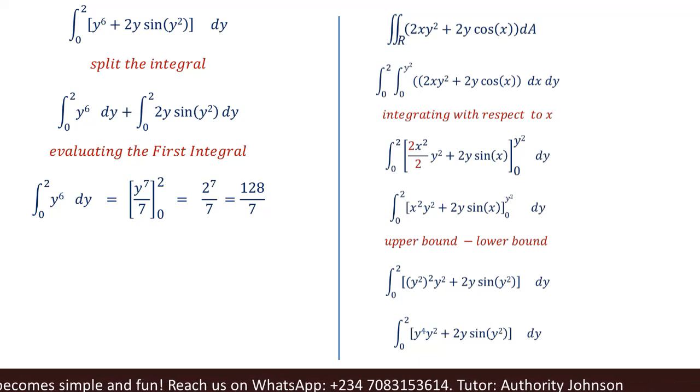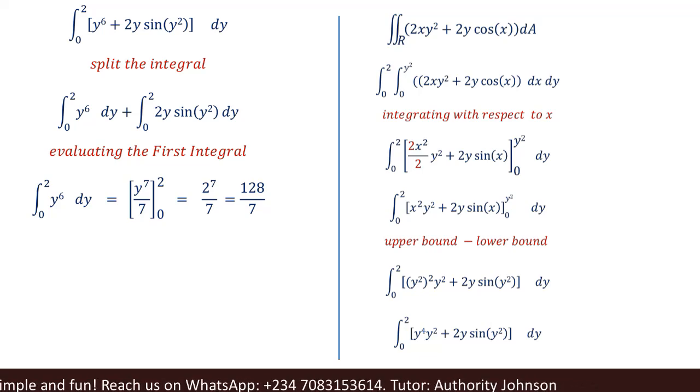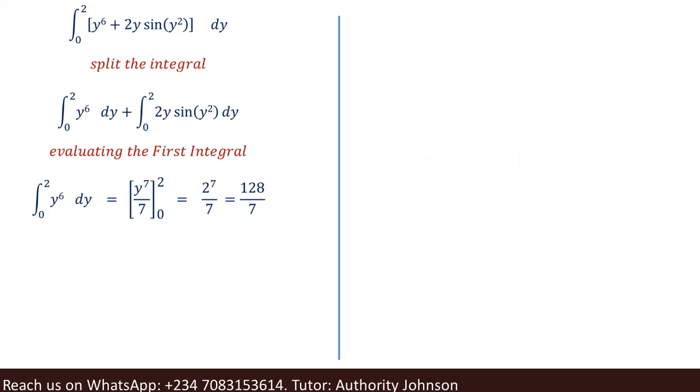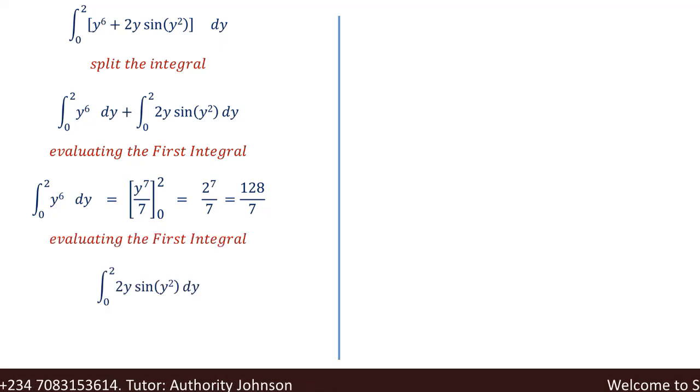So substitute 2 now. We're going to have 2 raised to the power of 7 all over 7, which is equal to 128 all over 7. So when we evaluate the first integral, we are going to have 128 all over 7. All right, good. Now let's take the second integral and also evaluate.